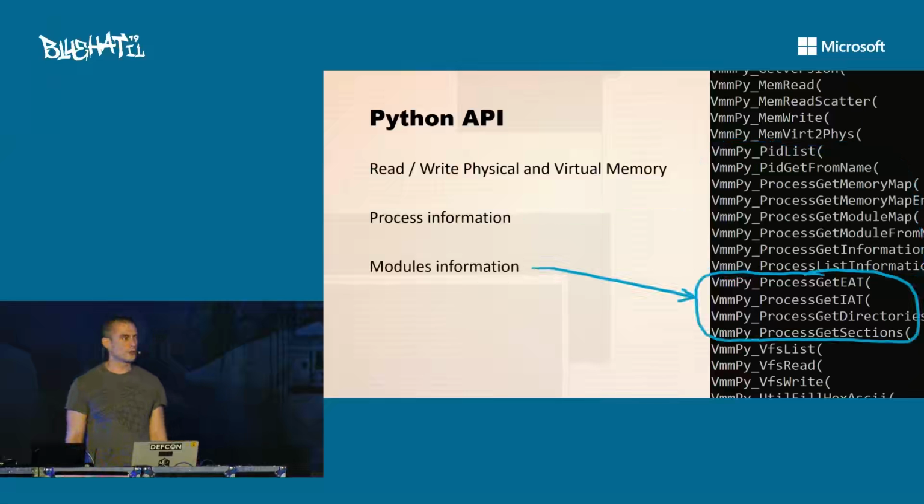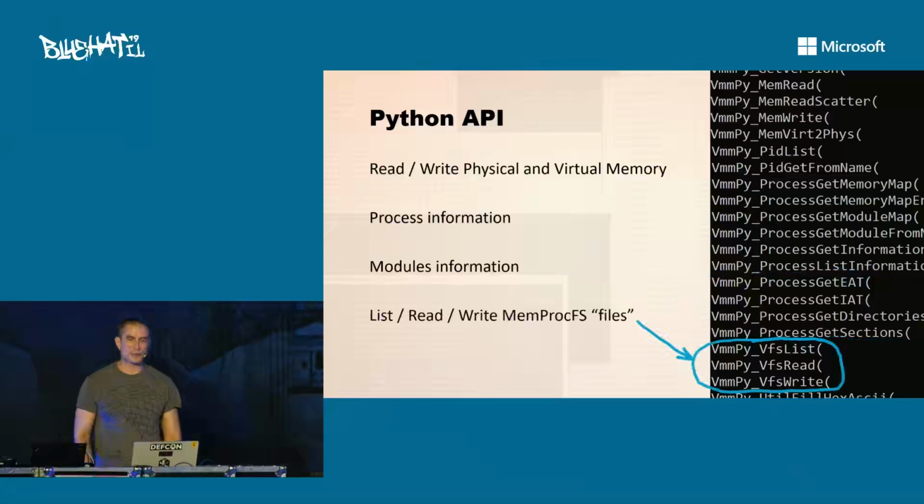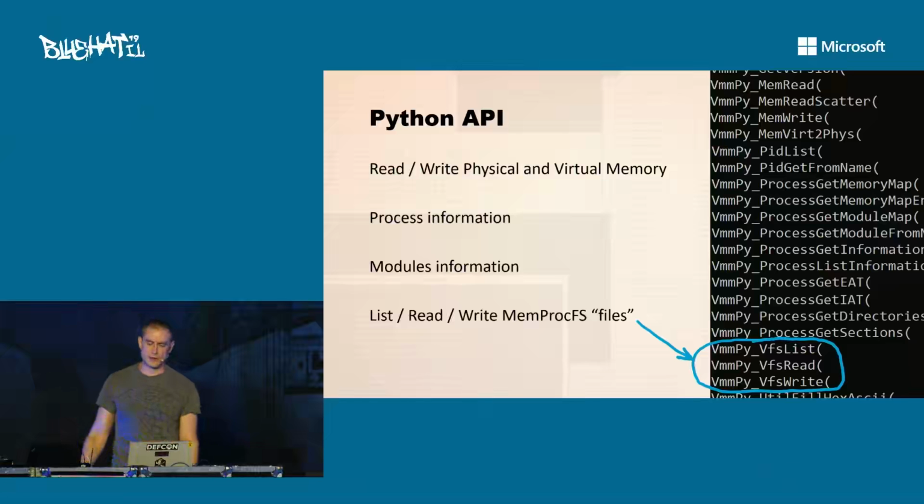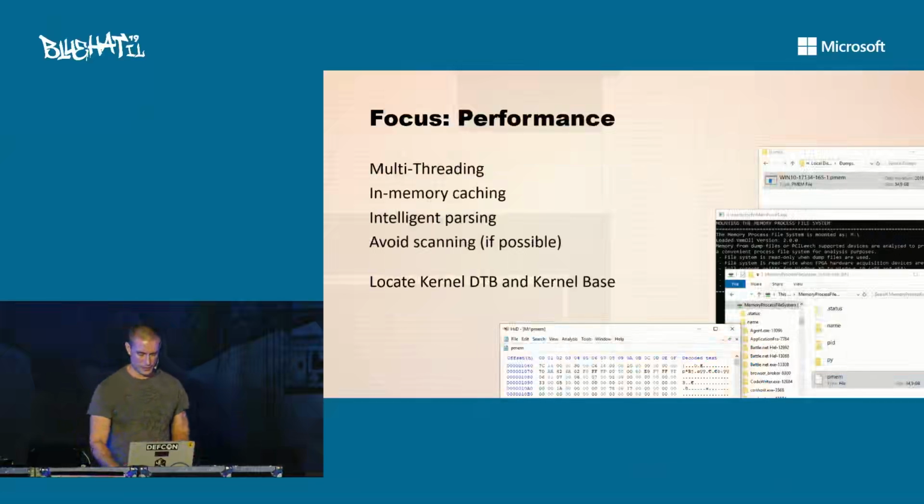And for modules inside the processes, we can list their exported functions, imported functions, data directories, and PE sections. And also, even though the memory process file system isn't mounted, it still exists in the main analysis library in a virtual way, sort of. So you can actually list its directories, read those files, and write to those files.